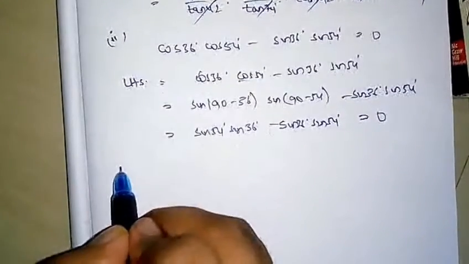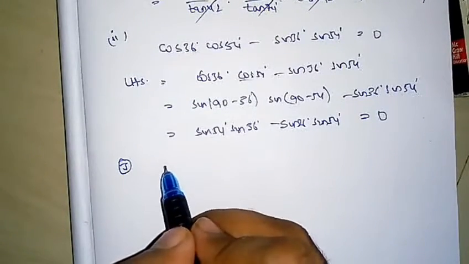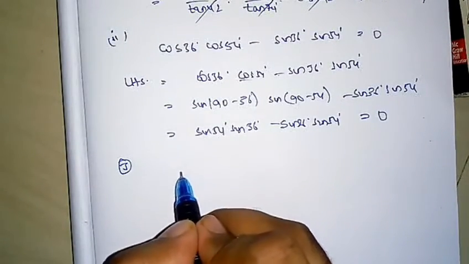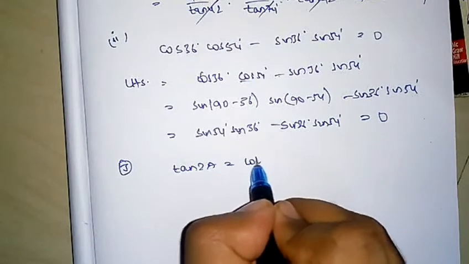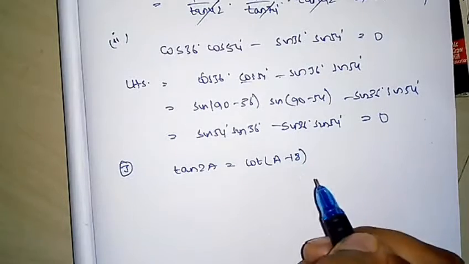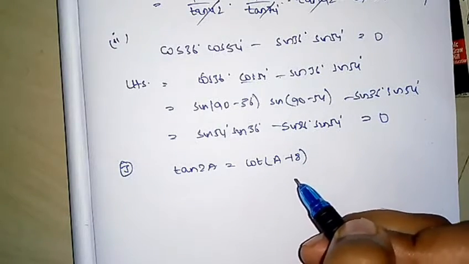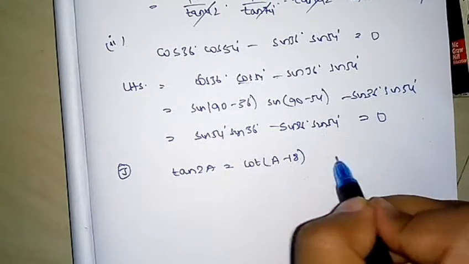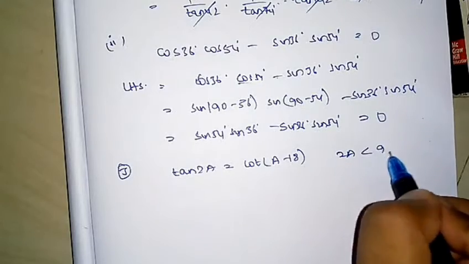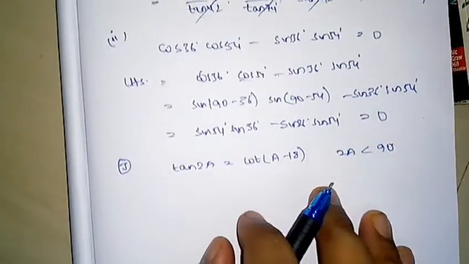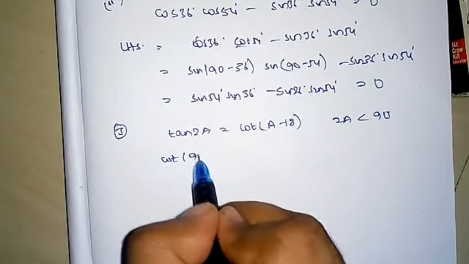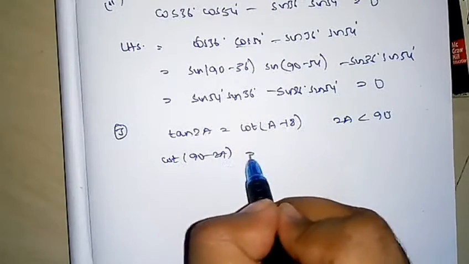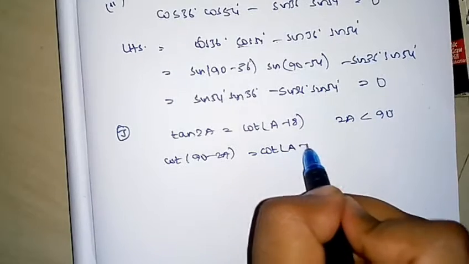Let's solve the third question. If tan 2A is equal to cot (A minus 18), where 2A is an acute angle, that is, 2A is less than 90, find the value of A. You know that tan 2A is cot (90 minus 2A), which is equal to cot (A minus 18).